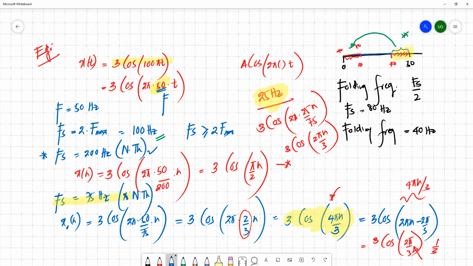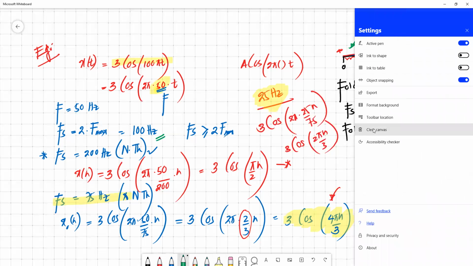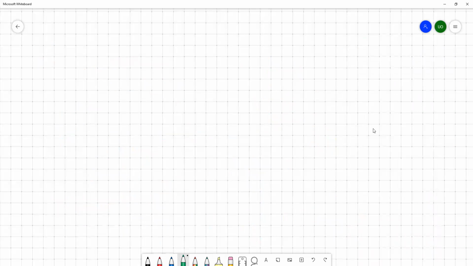It's clear, I guess, no? If you draw it, it's something like this. This is 0, and Fs equals 75, so the folding frequency is 75 over 2, somewhere here.